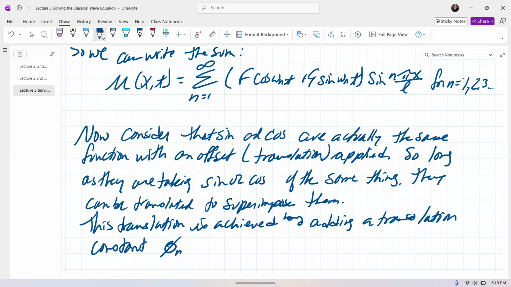That's B, I think. And for sine and cosine functions it is referred to as the phase angle.